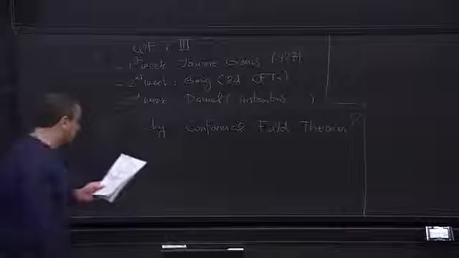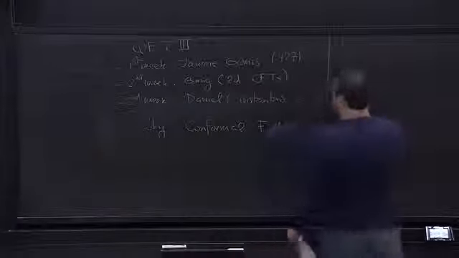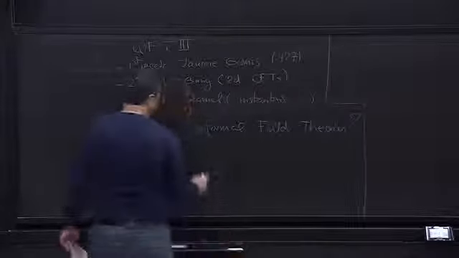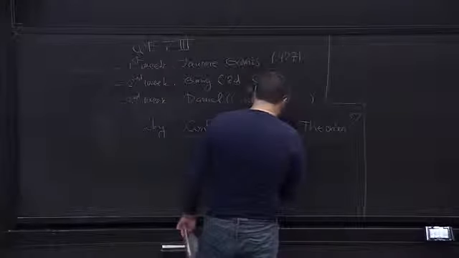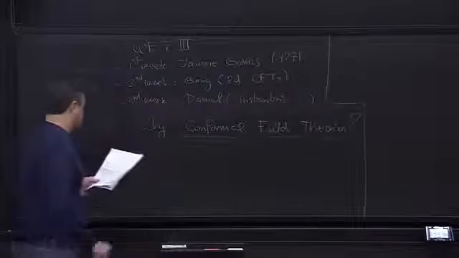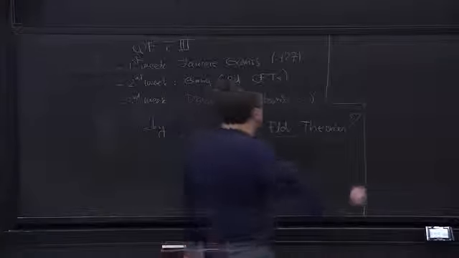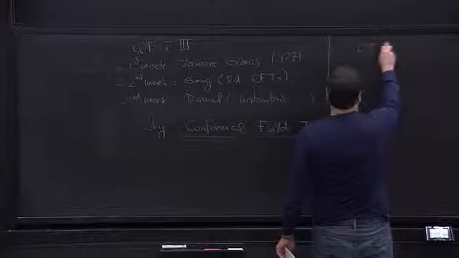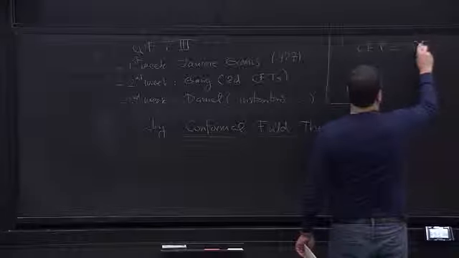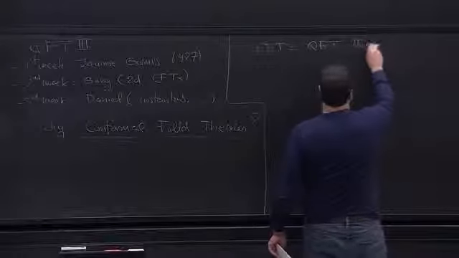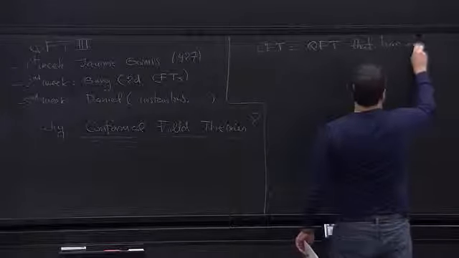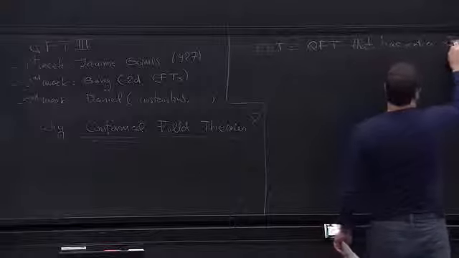Very good. So the key words here for now are, well, conformal is one word, and the other one is field theory. So what is the property of a conformal field theory? A conformal field theory is a particular quantum field theory that has extra space-time symmetry.